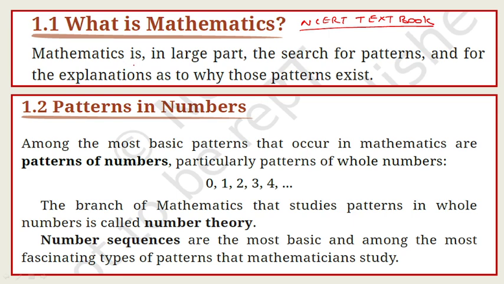Now we can see what mathematics is. Most of us are not in a position to define what mathematics is. In mathematics there are patterns, and in numbers some patterns are hidden. So it is written here that mathematics is in large part the search for patterns and for the explanations as to why those patterns exist.